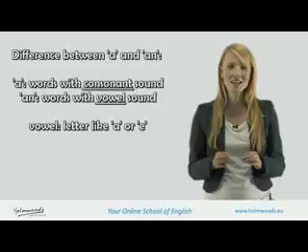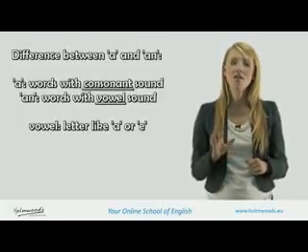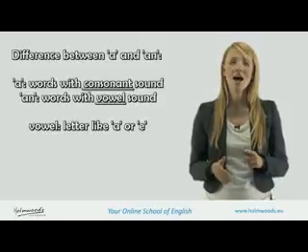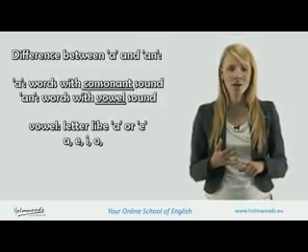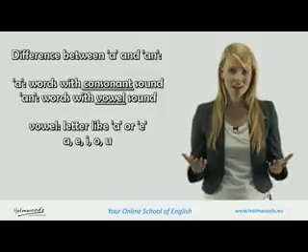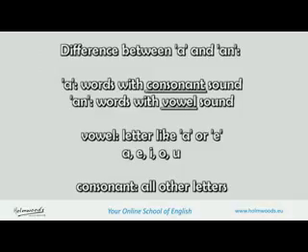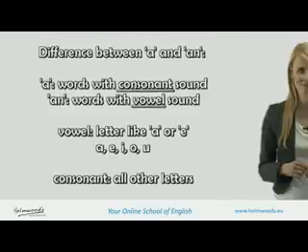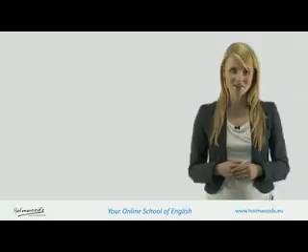A vowel is a letter like A or E. There are 5 vowels: A, E, I, O, and U. All the other letters are called consonants. I will give some examples so you can see it.